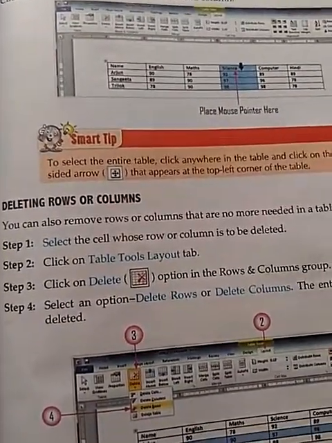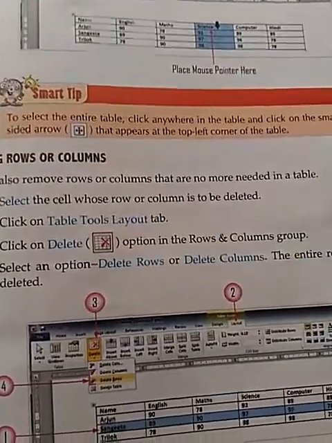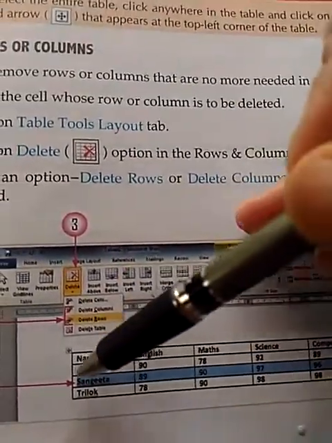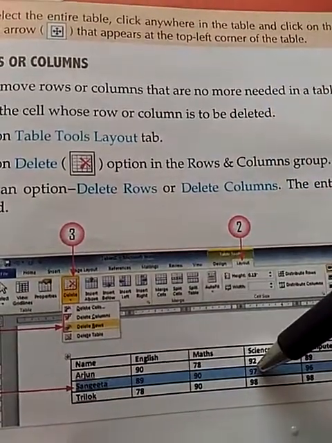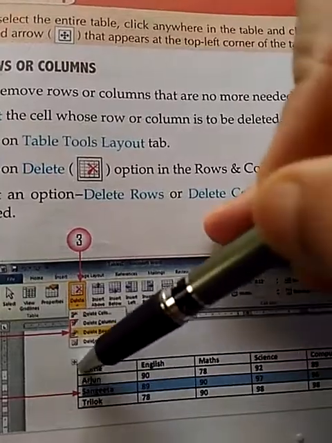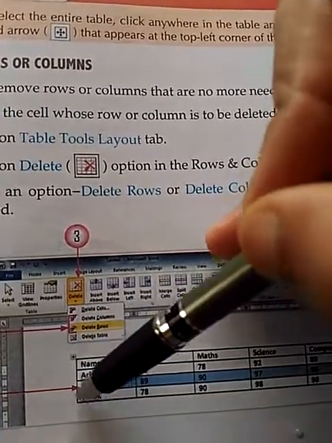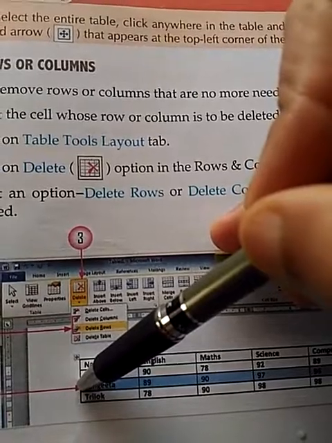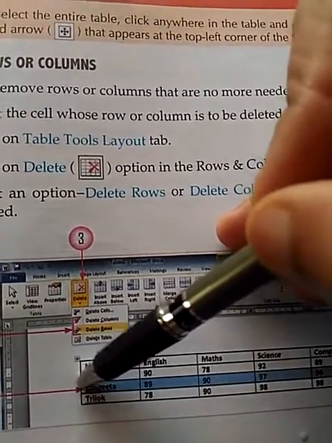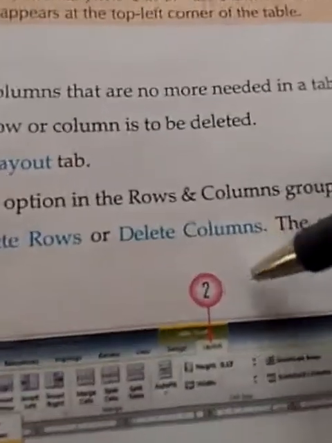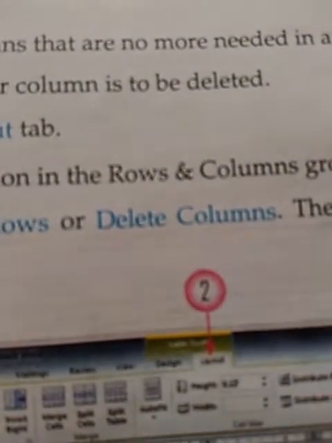Now if you want to delete a row, then how can you delete this? If you want to delete a particular row, first you need to select the entire row. To select the entire row, just on the left edge of the table, place your mouse over here and left click your mouse button. The entire row will be selected. Then move to the layout tab.